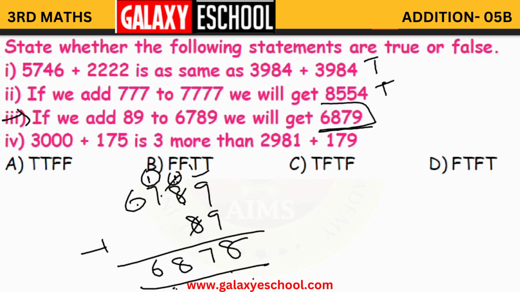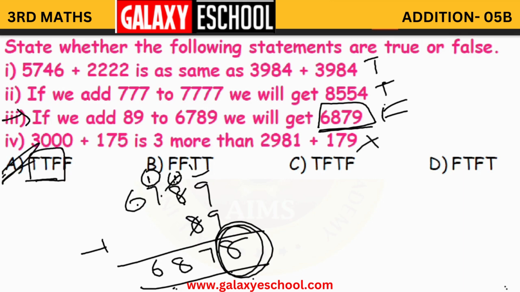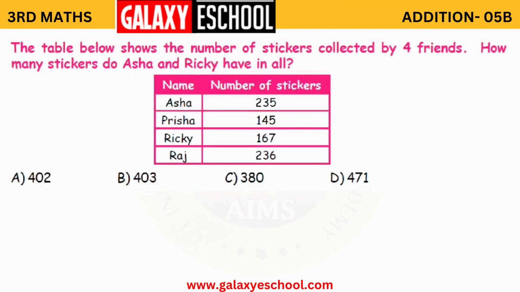Now what did they say here? They said that we'll get 6879, but we got 6878. So it is false. See again in option A, true, true, false, right? So simply even without solving statement 4, we can say that option A here is the correct answer.